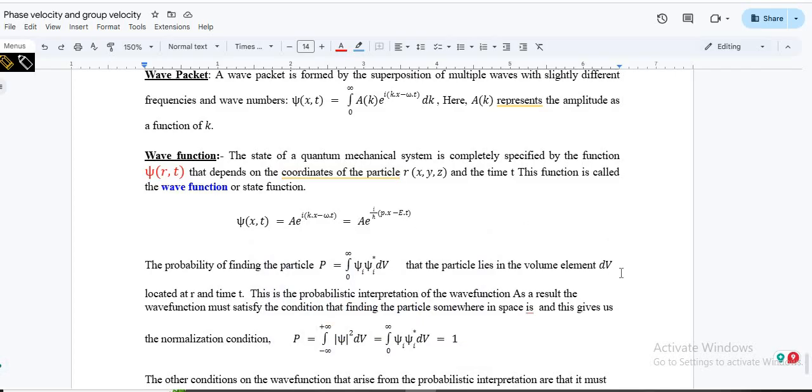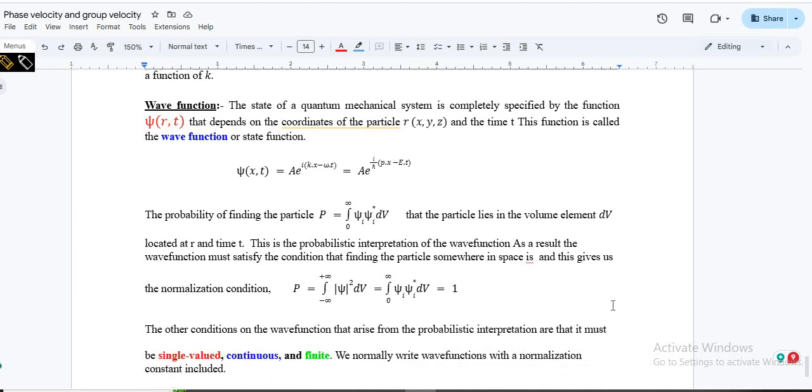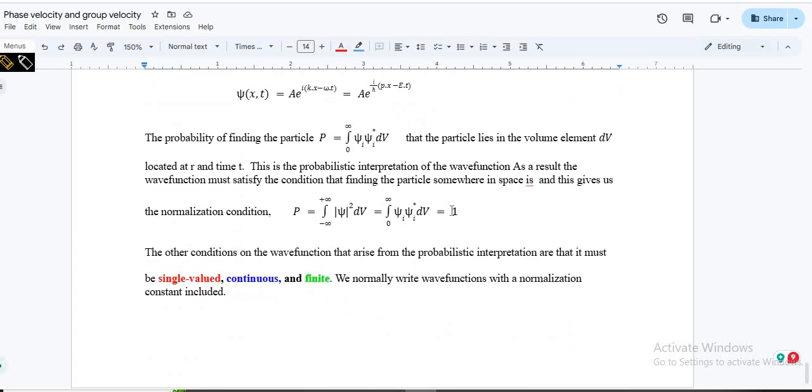The psi star, the complex conjugate, is e to the power minus i(kx minus omega t). When you multiply them, this gives you 1. The probability will be considered as normalized.